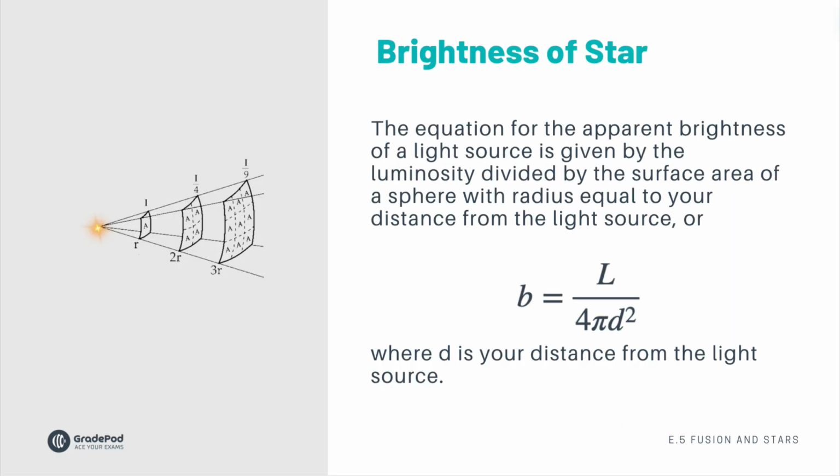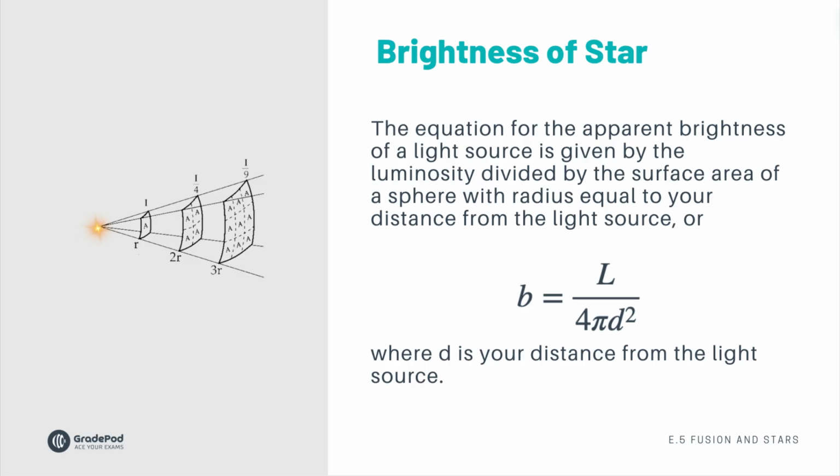The Stefan-Boltzmann law gives the luminosity of the star, so it tells you the amount of power that that star is radiating. However, if you're standing a distance from the star, and let's be honest, we all are, then you're not going to feel that same power per unit area because of this inverse square law. You're going to feel less power per unit area, and that's called brightness.